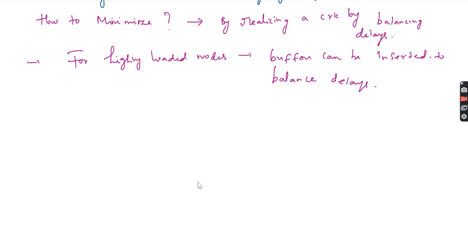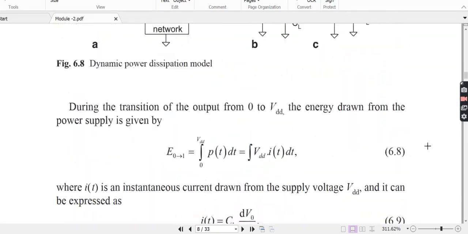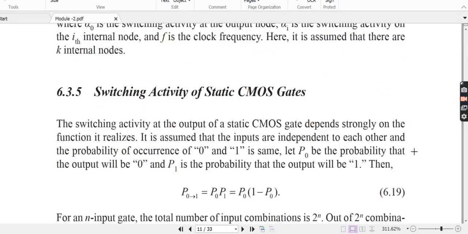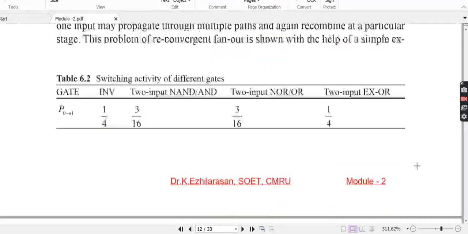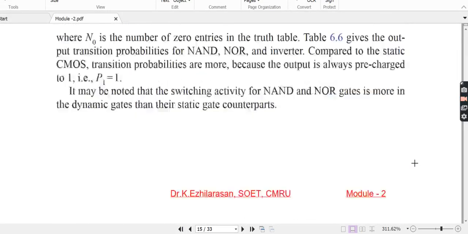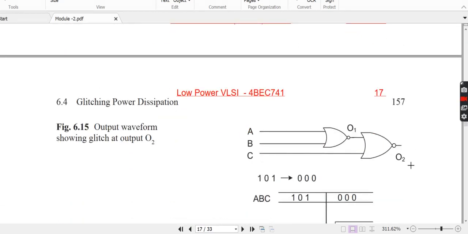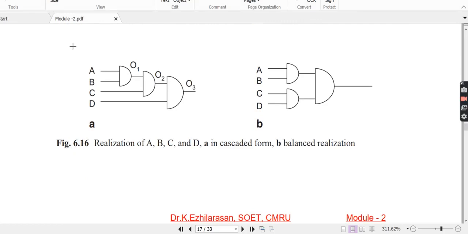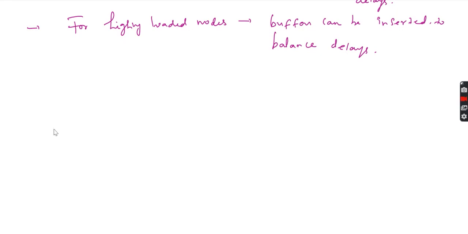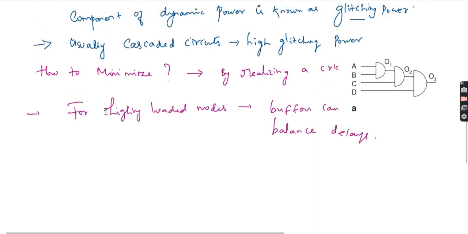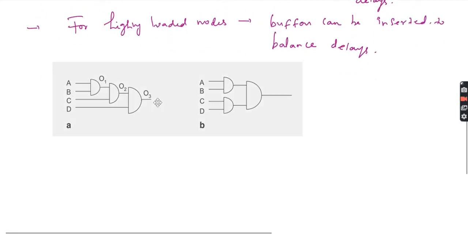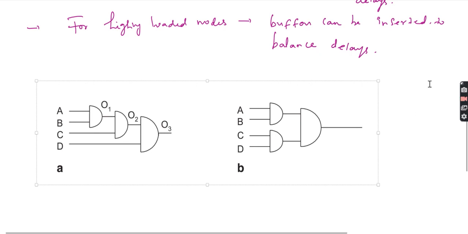So for example, let me take an example. See, this is the figure which I'm showing here.